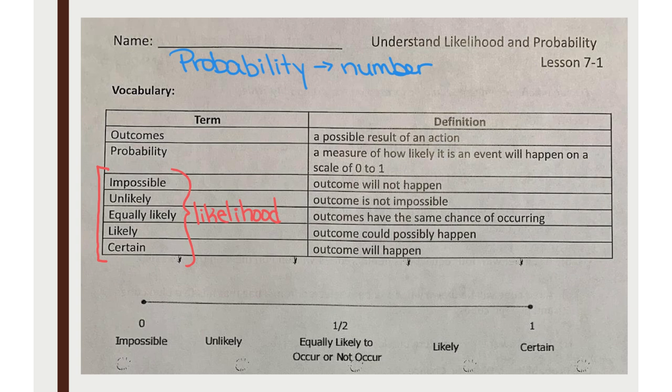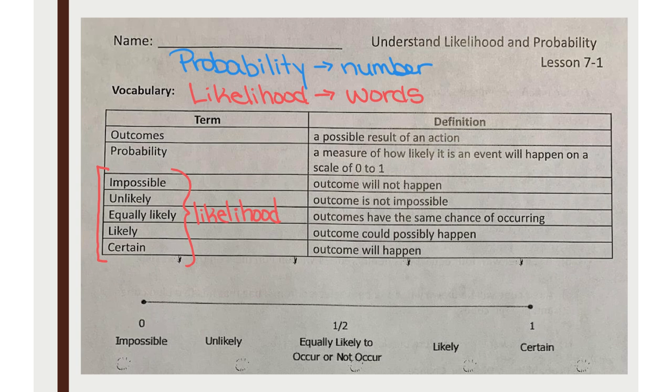Okay? 50%, 1/2, 1 out of 6. If I ask you for the likelihood, I'm asking you for words. Is it impossible? Is it unlikely? Is it certain? I know in a lot of things we try to avoid terms like impossible. We're always told nothing is impossible. It's going to be very obvious in this that something is impossible.